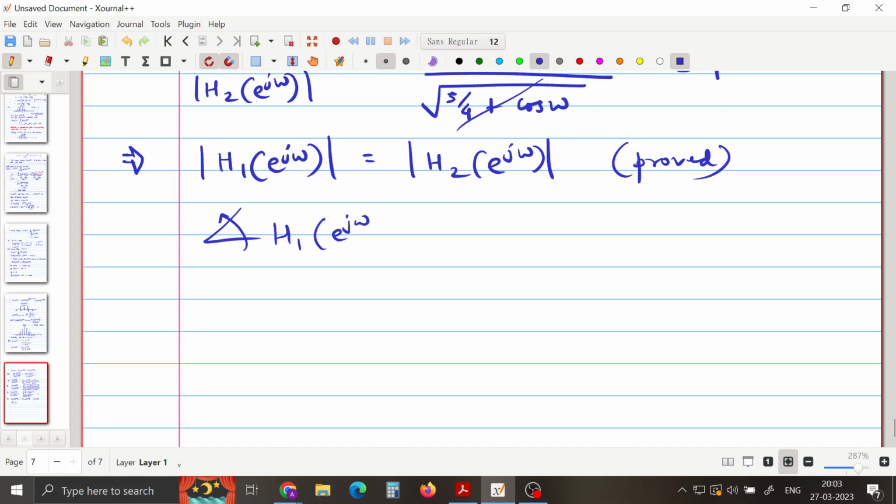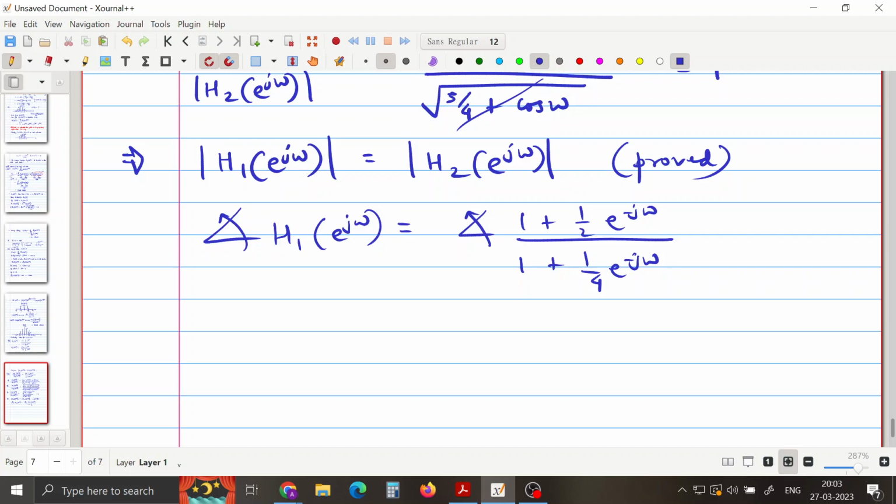So we are trying to find the phase of the first system, and the first system was given by this. Its frequency response was given by 1 plus half e power minus j omega divided by 1 plus 1/4 e power minus j omega.